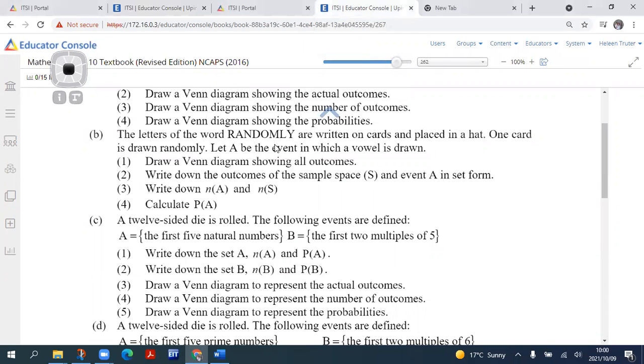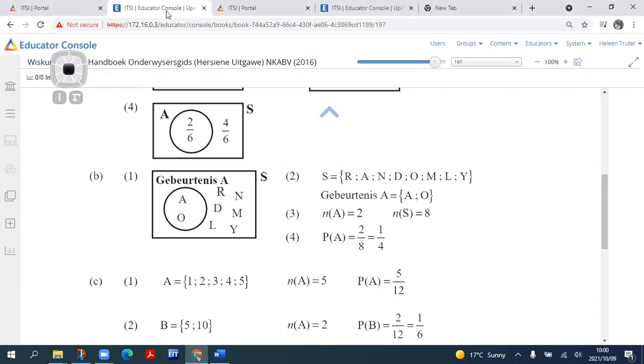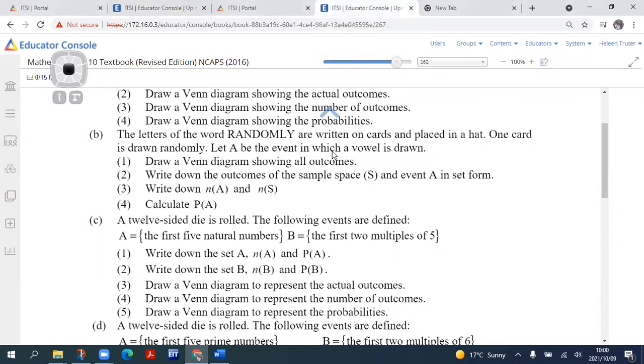Okay, so die Afrikaanse boeke is verkeerd, né? Die Afrikaanse boek, jy moet sê, nie klinker nie, wat die ander nou? Vokaal. Draw a Venn diagram showing all outcomes. Write down the outcomes of the sample space and event in set form, dis die krulhakkies.